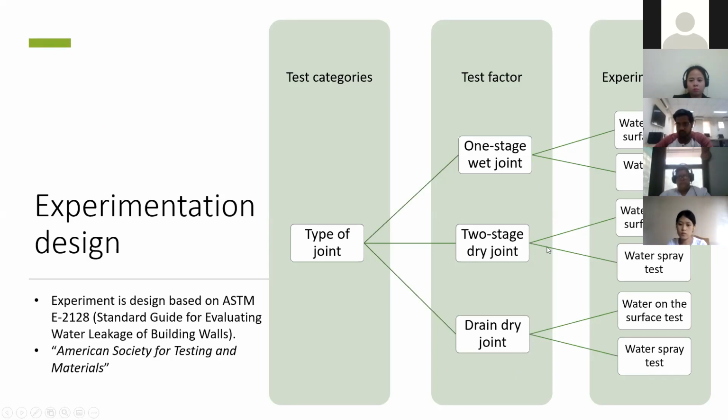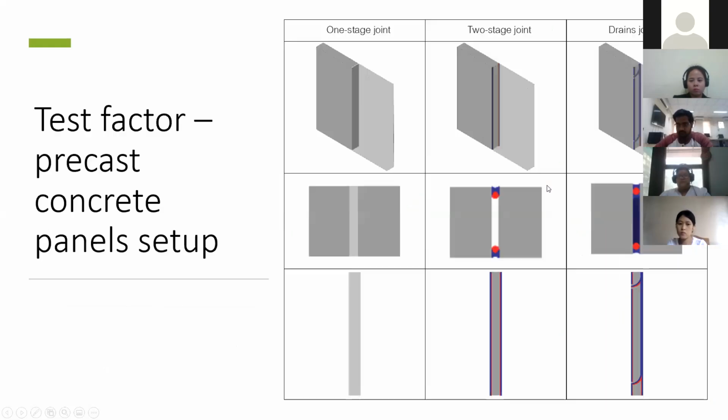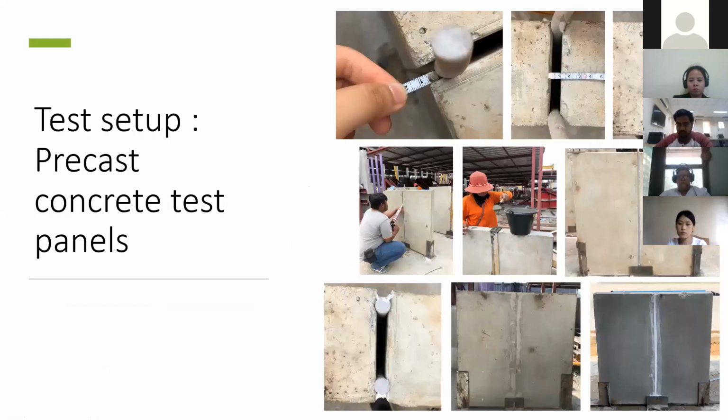Each model will be experimented on with two types of tests. The test setups use 1 by 1 meter concrete panels, sealed using the technique shown below.